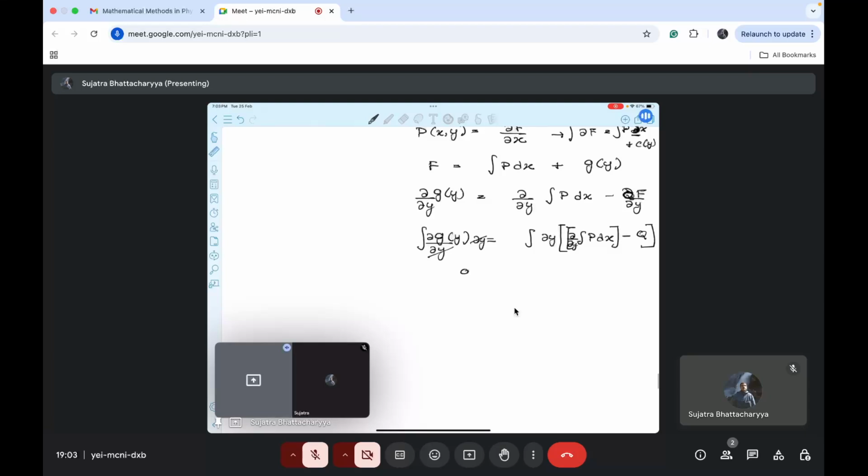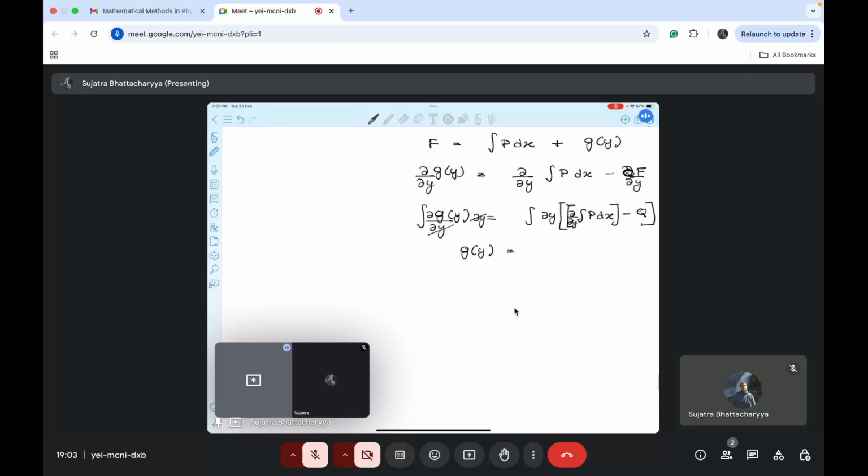Delta y goes, this becomes g of y, and here you can get delta p by delta y minus delta q by delta x. Okay, I'm sorry, this is one step I have gone through.